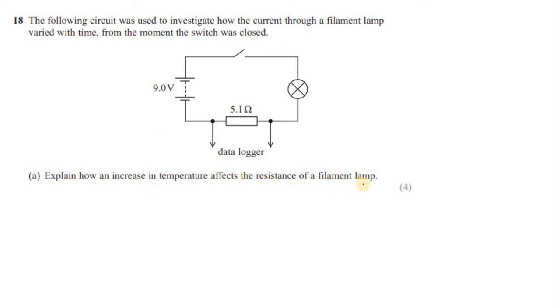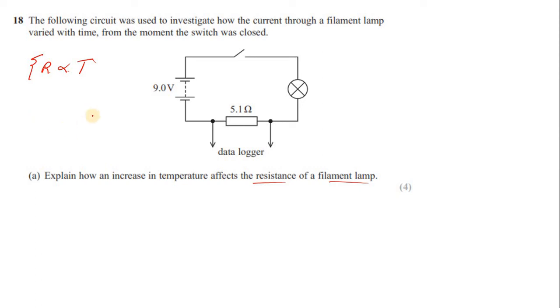Again, this is a typical question on the resistance of a filament lamp. So resistance mainly depends on temperature, especially for a filament lamp, directly proportional. It's just a relation to say. And why is that?